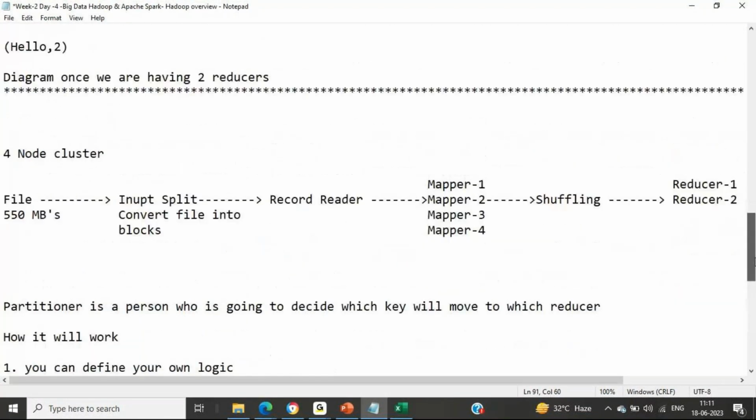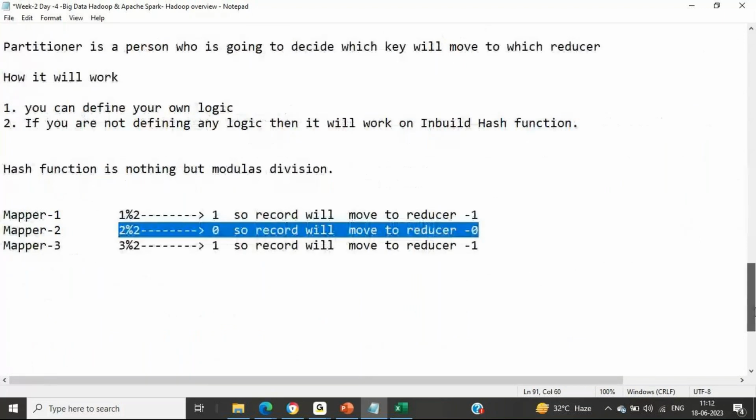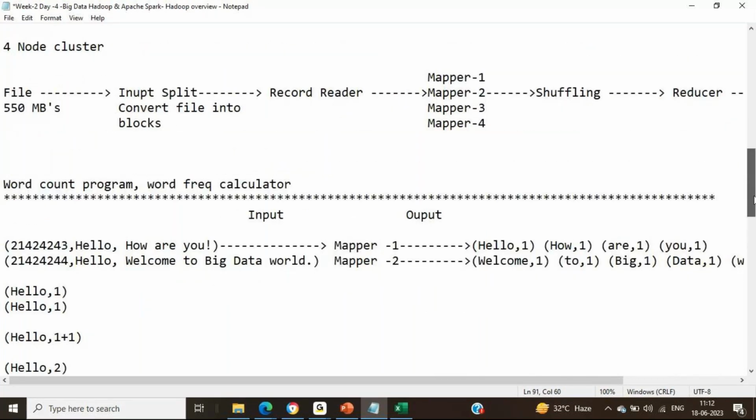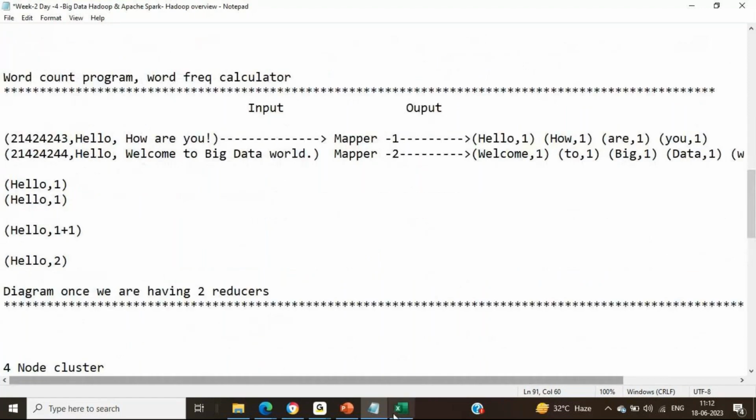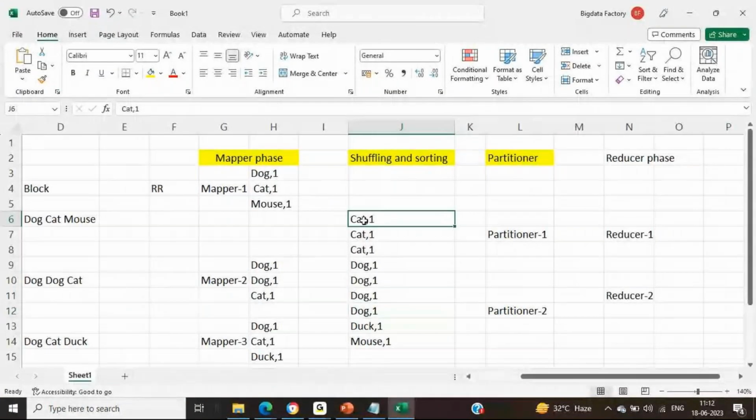It also takes care that a key will be given to a particular reducer only. If I'm having cat and it has been given to reducer 1, it is not possible that cat will be moved to reducer 2 as well.